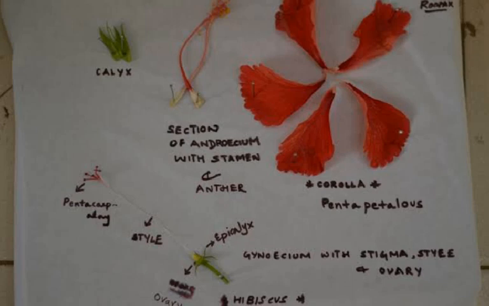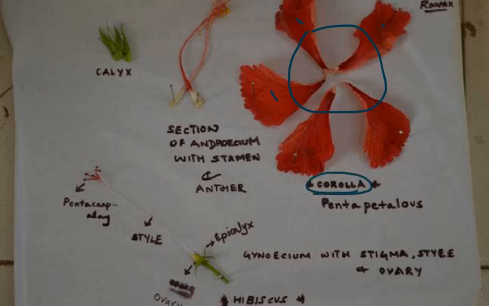Shall we revise once? The first part we saw is petal. Petals are bright colored, sweet scented. The function of petal is to attract birds and insects for pollination. The ring of petals together is called corolla.